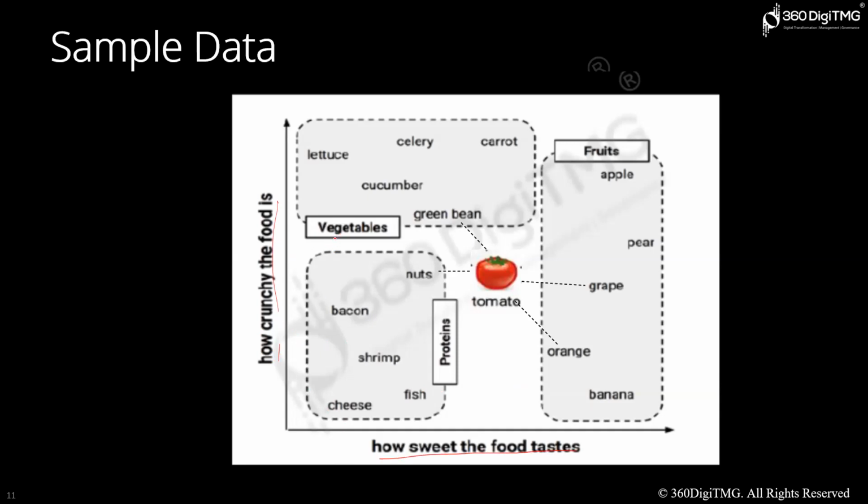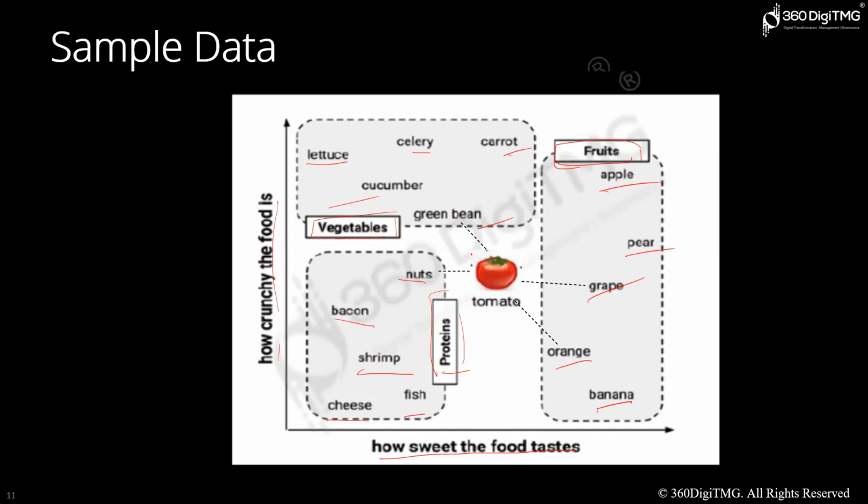We have three categories of data: vegetable, protein, and fruit. Vegetables include lettuce, celery, carrot, cucumber, and green beans. Fruits include apples, pears, grape, orange, and banana. And protein foods include nuts, bacon, shrimp, fish, and cheese.